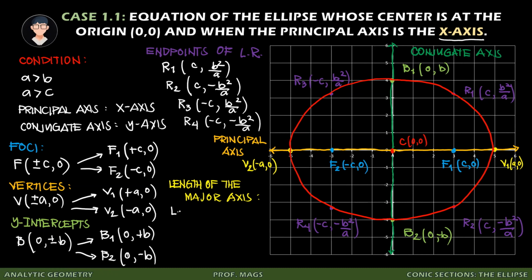That is symbolized as L dot major axis. The length of the major axis is equivalent to line segment B sub 1, B sub 2.